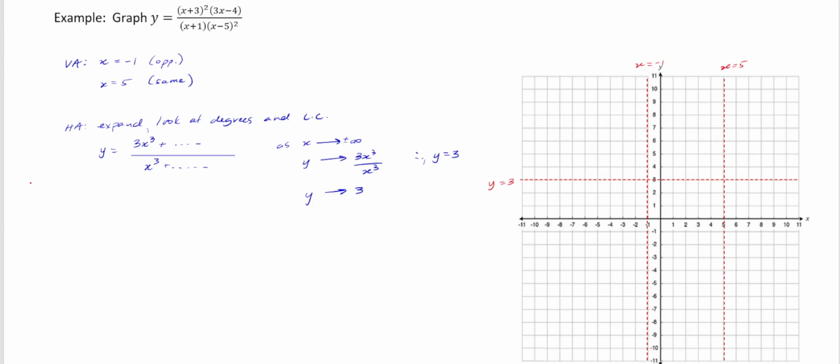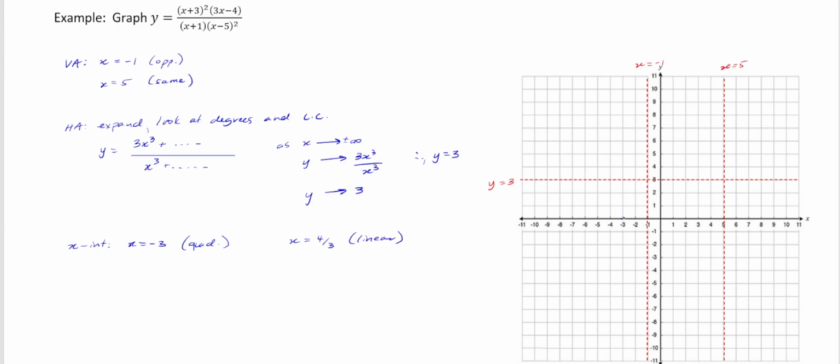And now what I should do is I'm going to look at x-intercepts. So I look in the numerator and I look at the various factors, x plus 3. So that means x is equal to -3, and it's going to behave quadratically or parabolically around -3. And the other one's going to be 4 over 3, and it's going to behave linearly through that one.